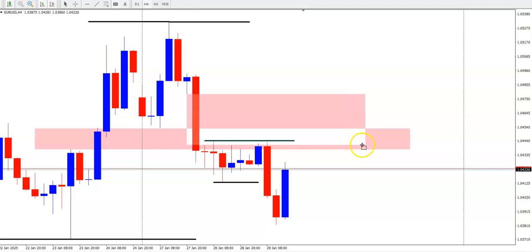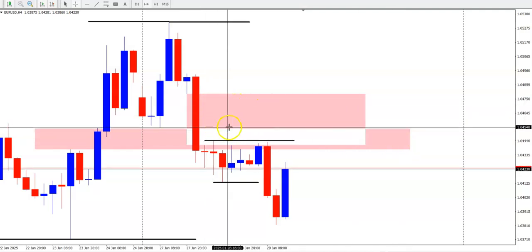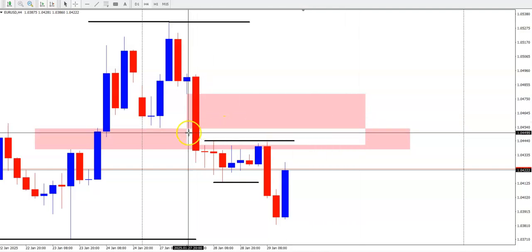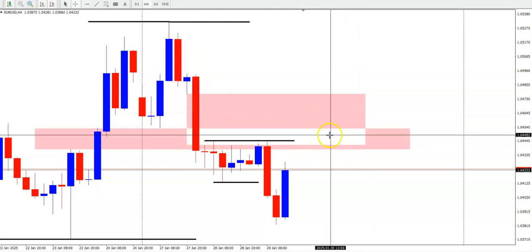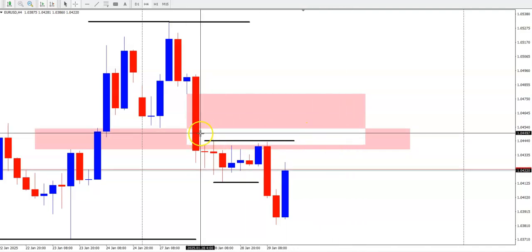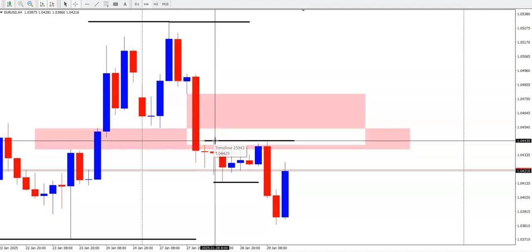What we see here is also how the daily fair value gap zone and the 4 hour fair value gap zone are kind of overlapping. As you can see, we can come up with this fair value gap level here, working as a resistance in combination with yesterday's highs here. So we mark this level up.